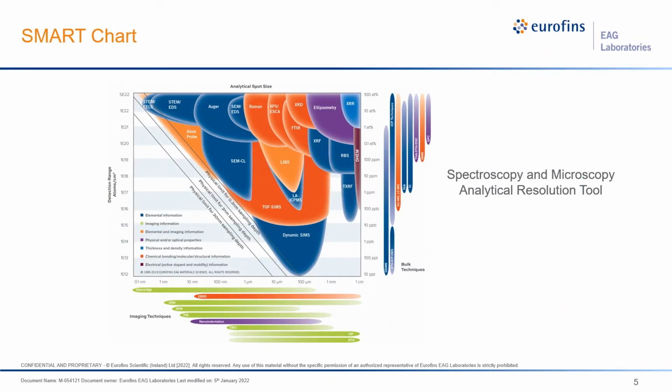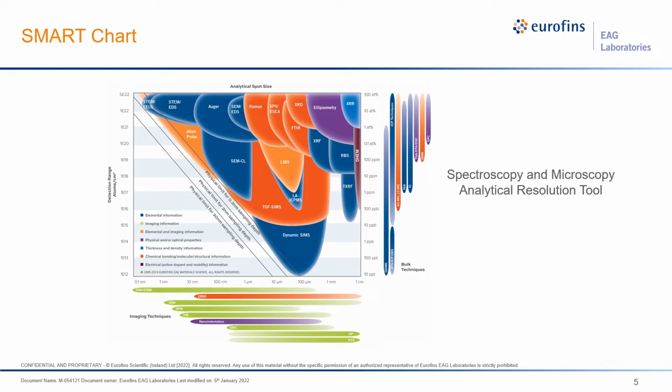Before we jump to others, I would like to go over a little bit of EAG's spectroscopy and microscopy analytical resolution tools. This chart clearly shows the correlation of analytical spot size to the information gained, including elemental information, molecular information, crystal structure information, and surface morphology information, as organized here.